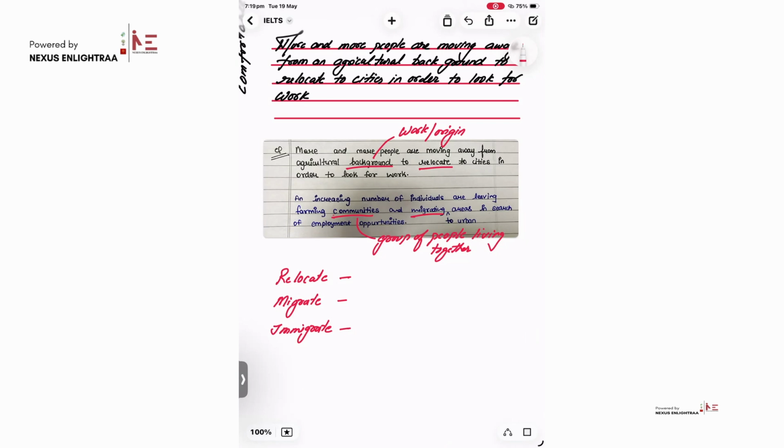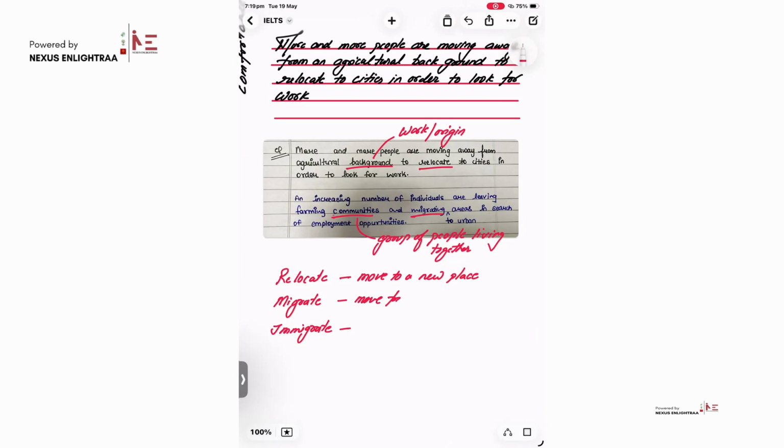No. Relocate is to move to a new place. Now, this can be permanent as well. We are relocating. Migrate is to move from one country to another country.